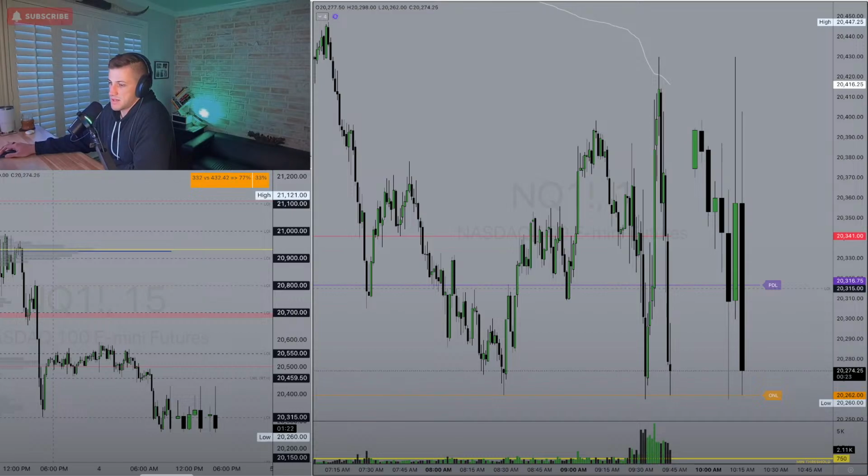See if the bot is still in. Bot is still in. See how these lows are going to be treated. Overnight low.